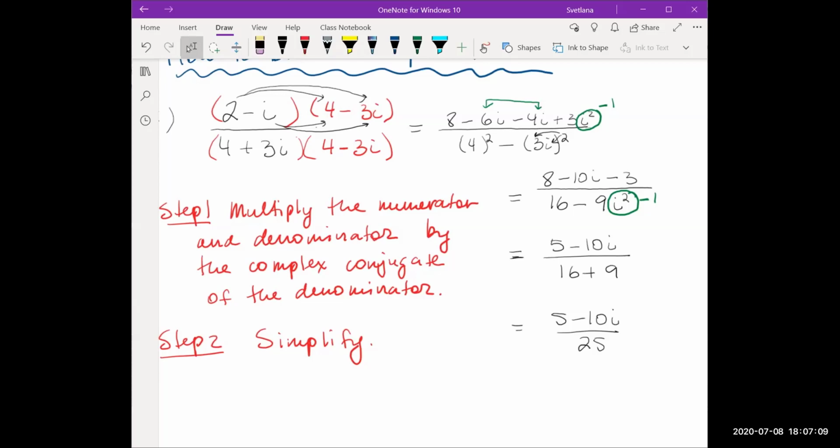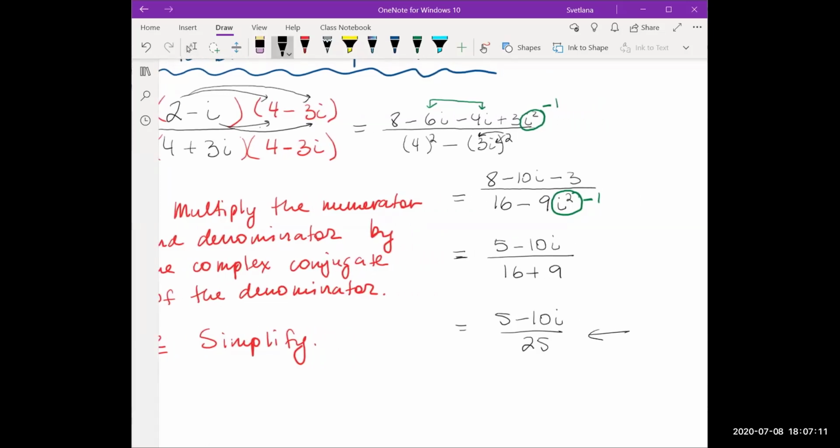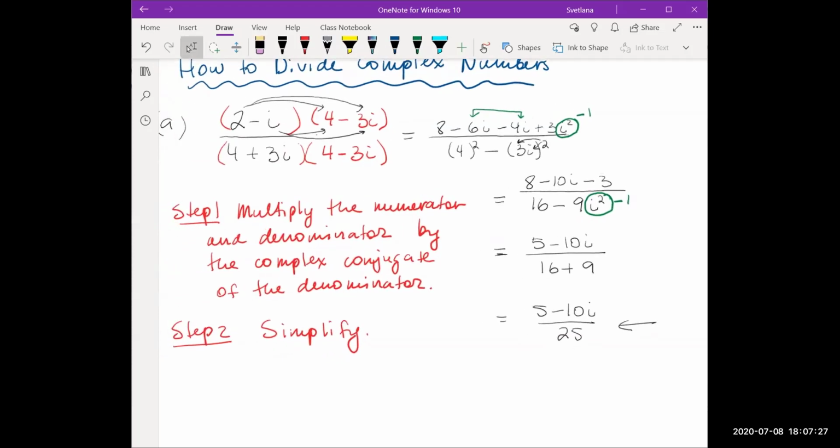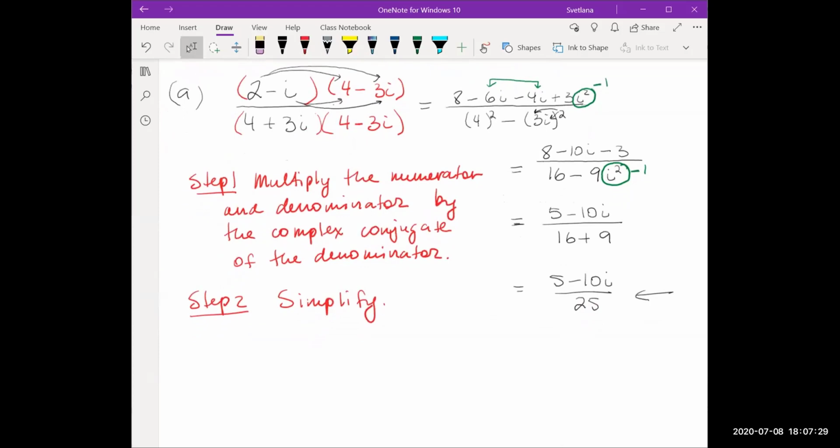And if I look at this result, that doesn't have the form of a complex number. A complex number's standard form is just two terms, a real number and then this imaginary part. Here I still have something that looks like a fraction. Well, the last step will be to fix that and to write the result in standard form.